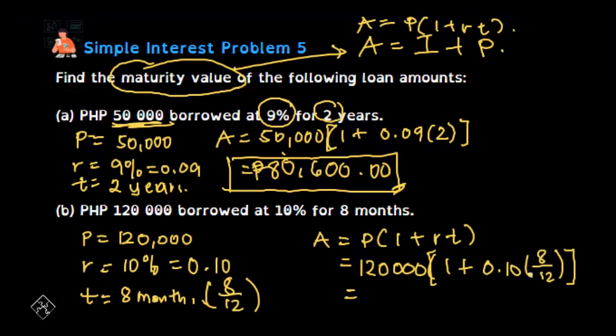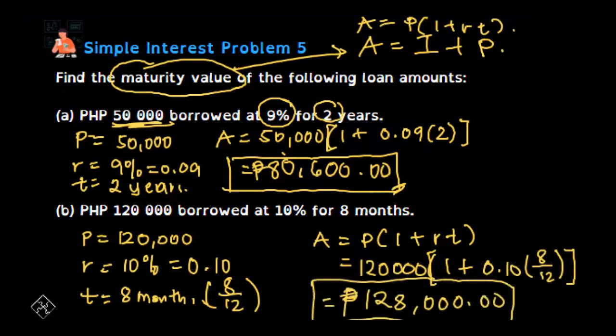Then, i-multiply nyo sa 120,000. That's going to be 128,000 pesos. Okay, so that is the maturity value kapag nanghiram ka naman ng 120,000 sa loob ng 8 months na may 10% na patong. Okay, that is the simple interest problem.